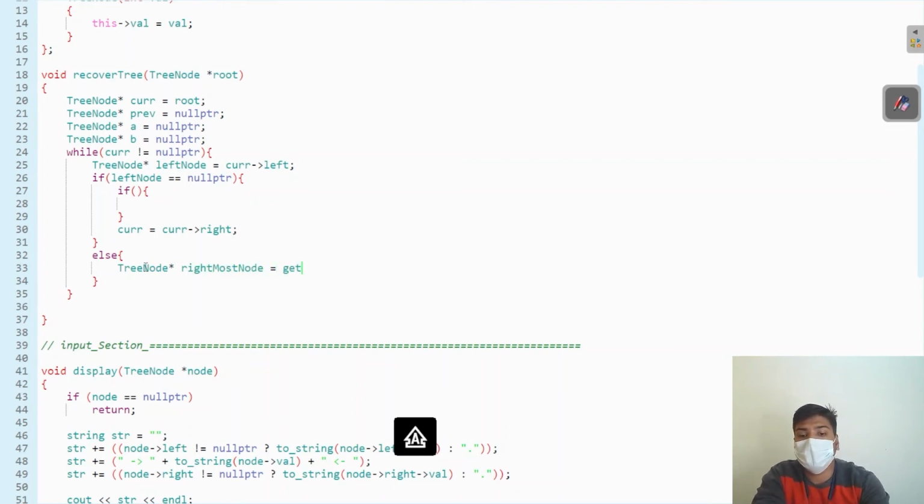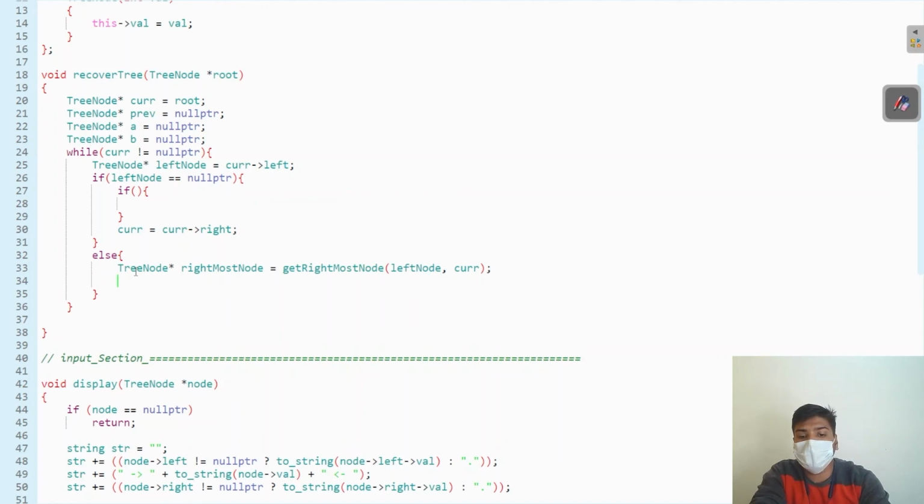And now here we used to make a tree node rightmost node equal to a function getRightmostNode, and in this I'll pass left node and current.